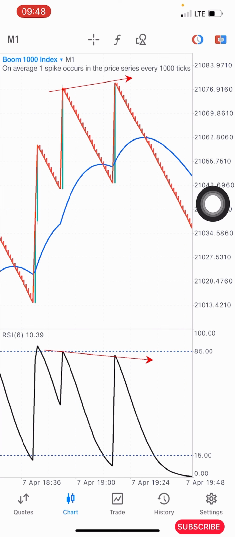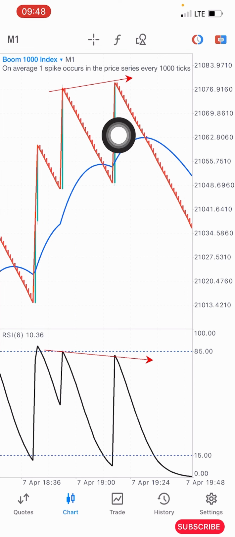Okay, now as you can see here on the main chart, you can see that there was a spike here and also a spike here. All right, now you can see this spike is higher than the previous one.